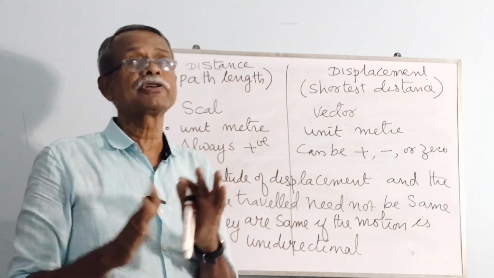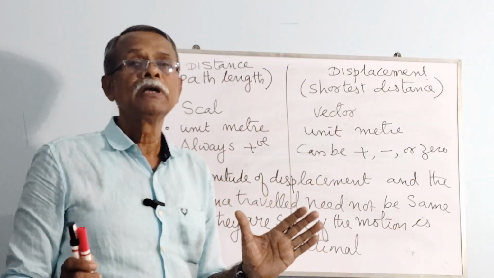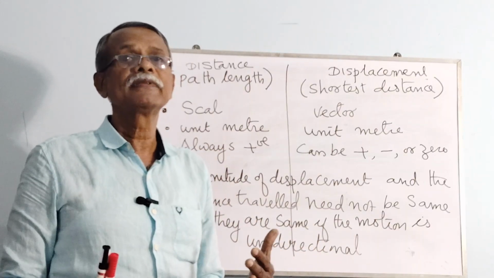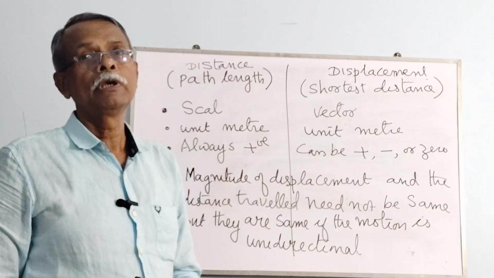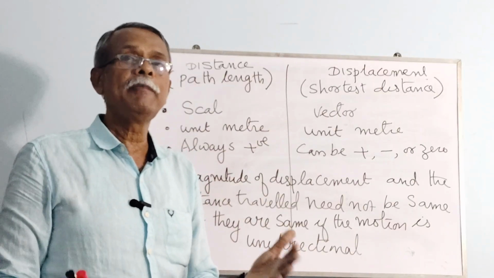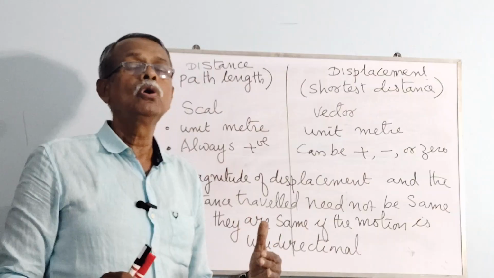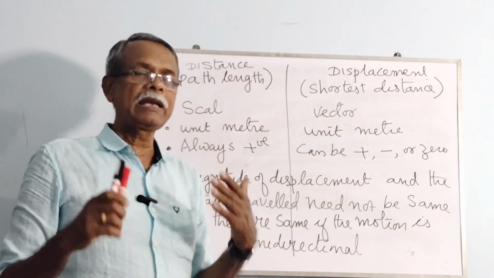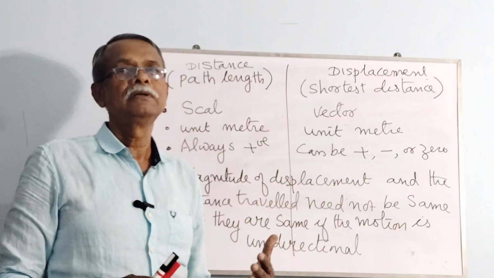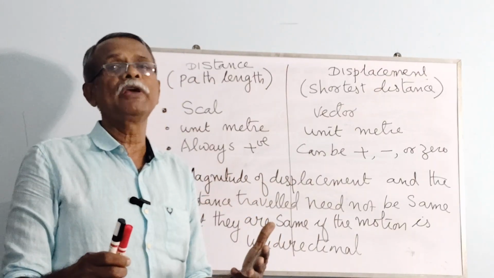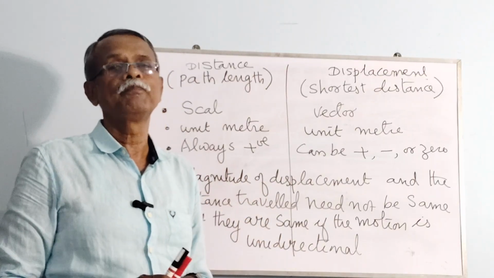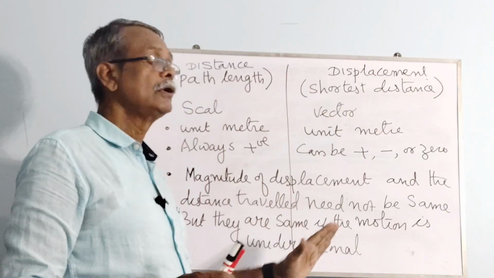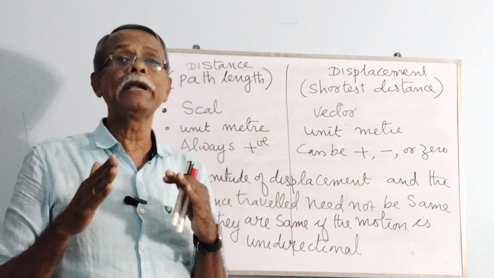For a unidirectional motion, the magnitude of displacement and distance will always be the same. The magnitude of any vector will be a positive quantity. So displacement is a vector, path length is a scalar, and the magnitude of displacement will always be positive. But that equality holds only for a unidirectional motion.